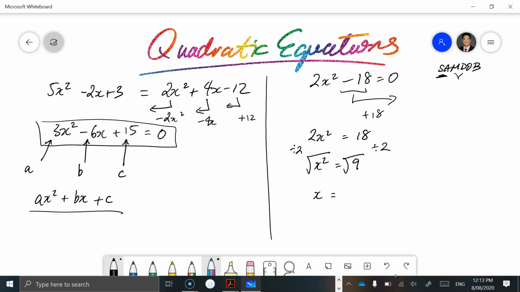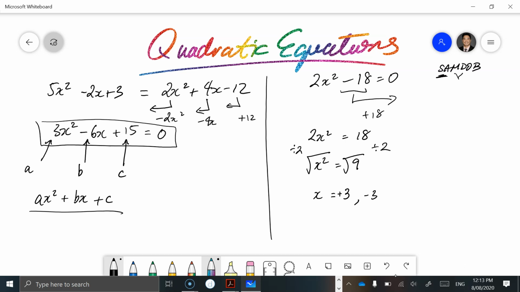Now, to square root both sides, you would think, well, the solution is 3. Correct. But when we're dealing with quadratics, and this is where things get a little bit more complicated, there are actually two solutions. There is a positive 3 and there is a negative 3. So if you were to substitute negative 3 into x squared, two negatives make a positive.